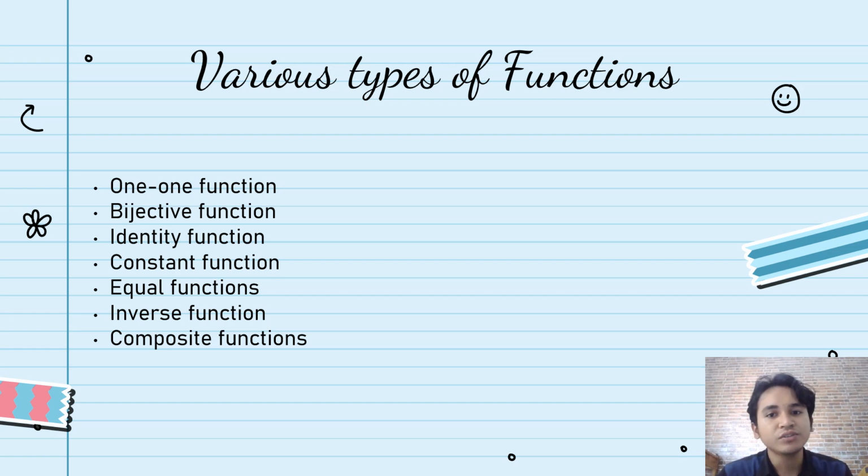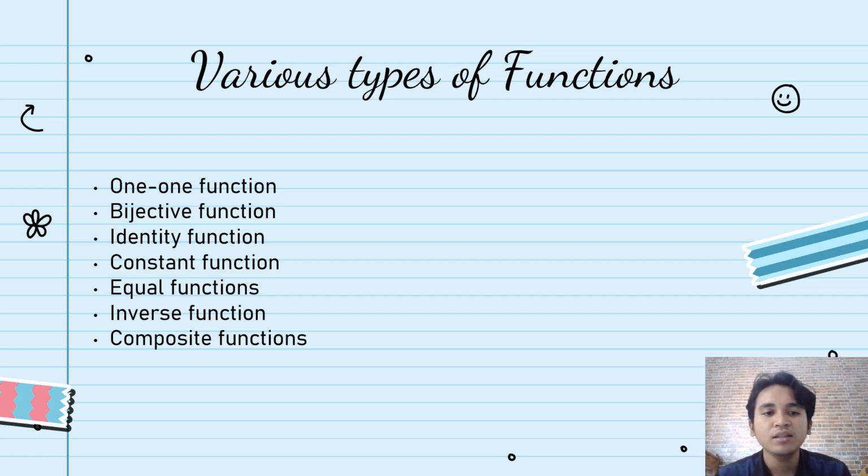Onto function, surjective: the range of f equals the codomain. Next are bijective functions. A function f from A to B that is one-to-one and onto is called a bijective function.